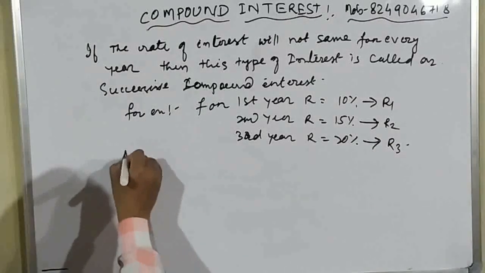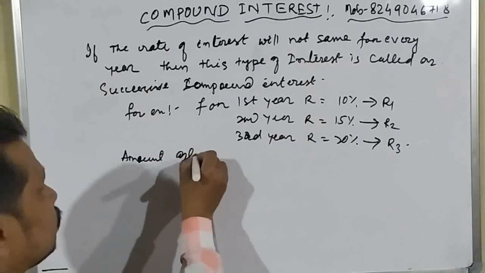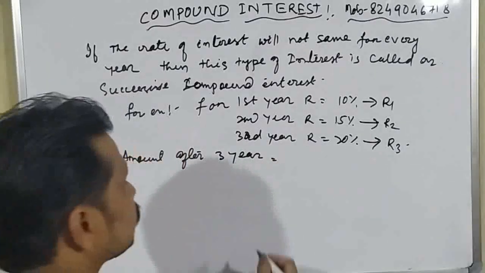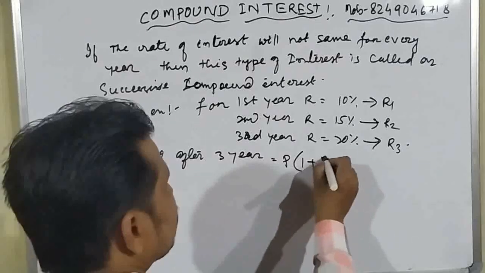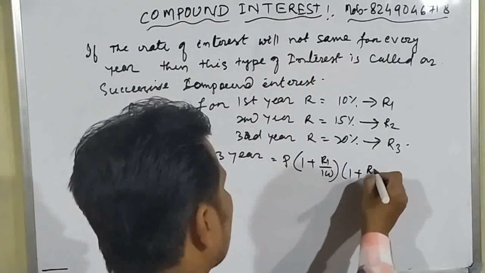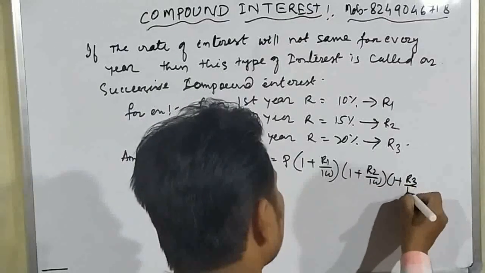Then how can you find out the amount after 3 years? Principal into 1 plus R1 by 100 into 1 plus R2 by 100 into 1 plus R3 by 100.